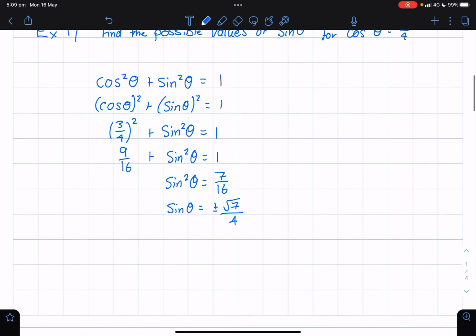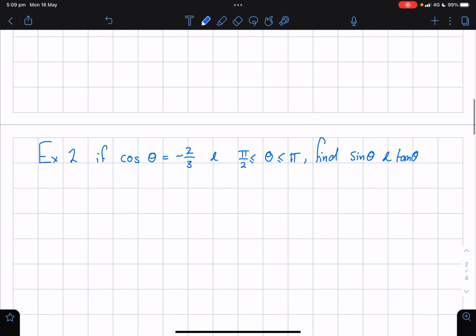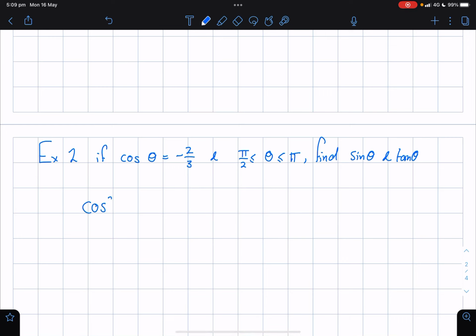Let's have another go at a different one. If cos theta equals -2/3, and theta is in the interval pi/2 up to pi, find sine theta and tan theta. Again, writing out our trig identity, cos squared theta plus sine squared theta equals 1.